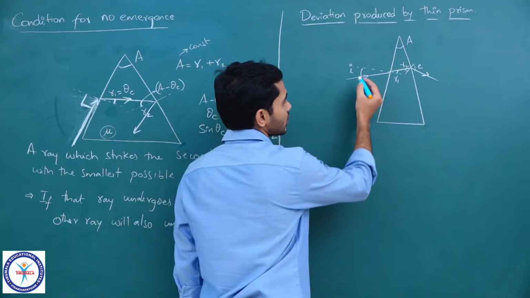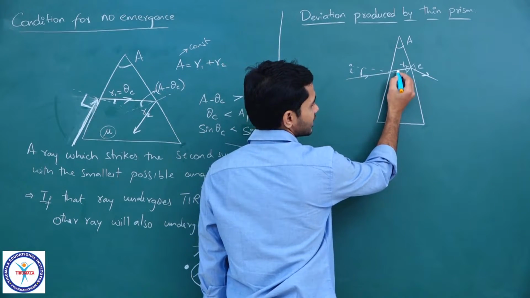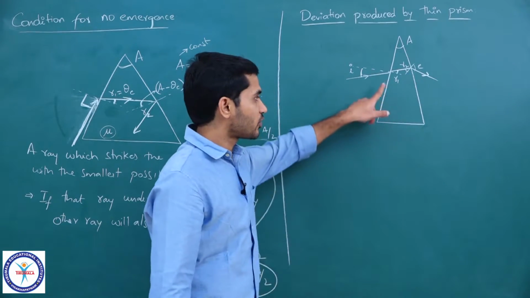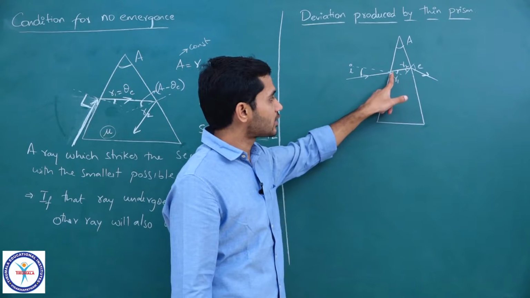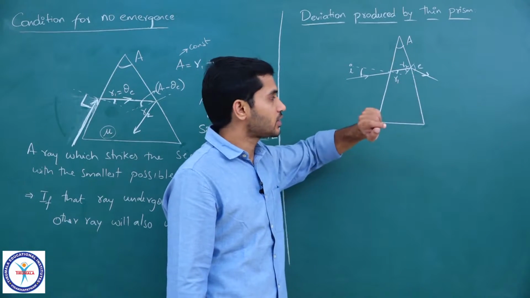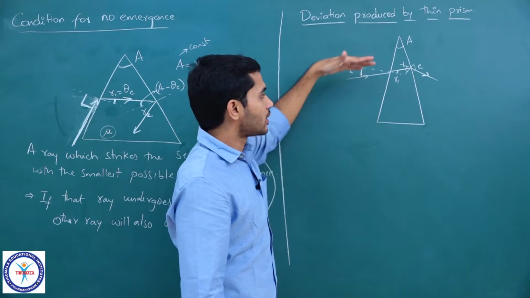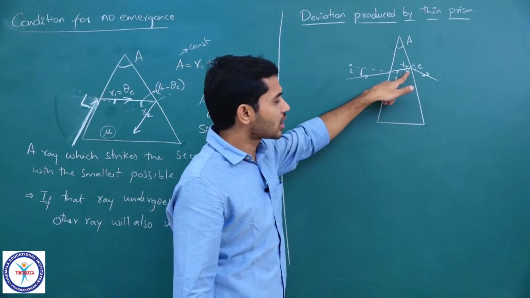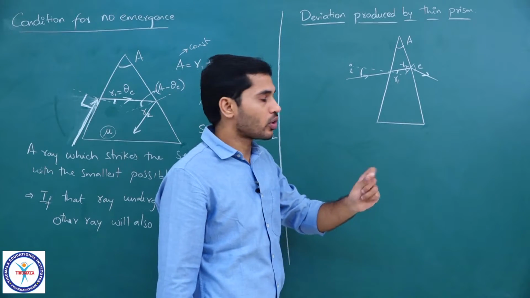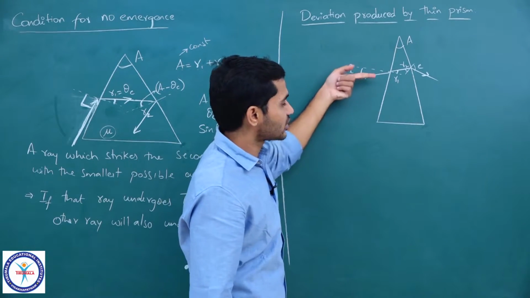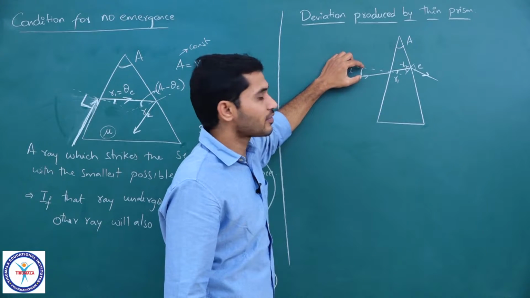So, we know that this is I and this is R1. There are two refractions occurring here, one at this surface and the other at this surface, and because the angle of prism is very small, and R1 and R2 values also are very small, we can consider that the light ray which is incident will also be at a very small angle.